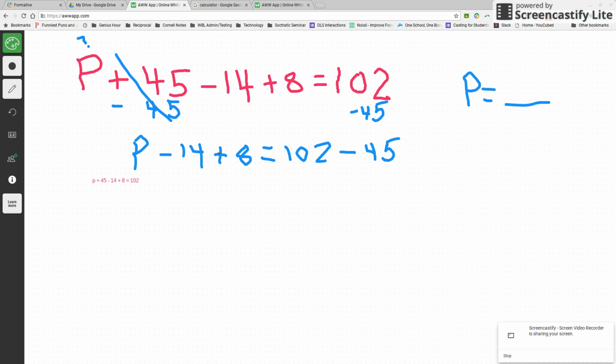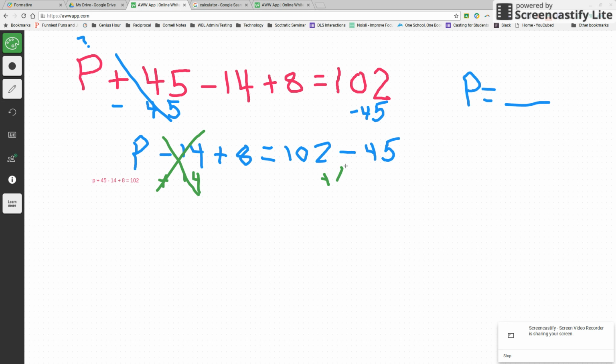The next thing I want to move to the other side is this 14. Well, on this side, we're taking away 14. So if we're taking away 14, and we have to do the opposite, so we're going to add 14 on this side. If someone took 14 things away from me, and they give me 14 things back, then I would have nothing left. Boom, whatever I do on that side.